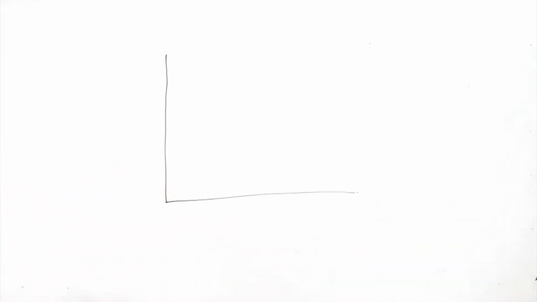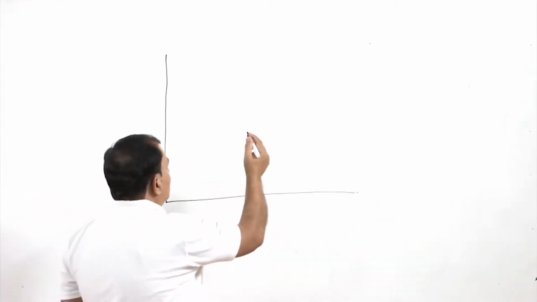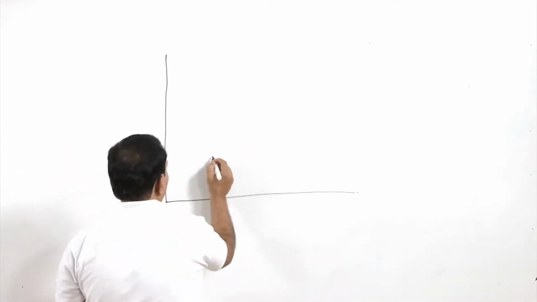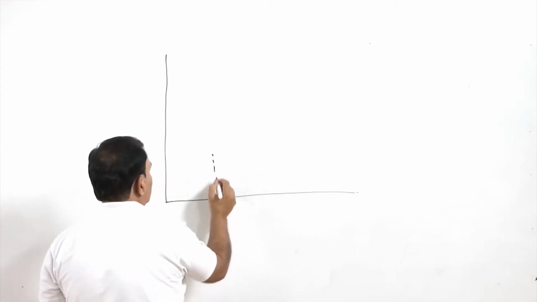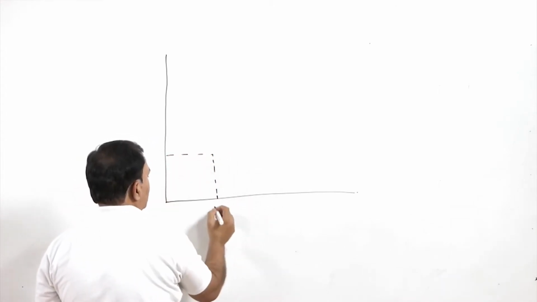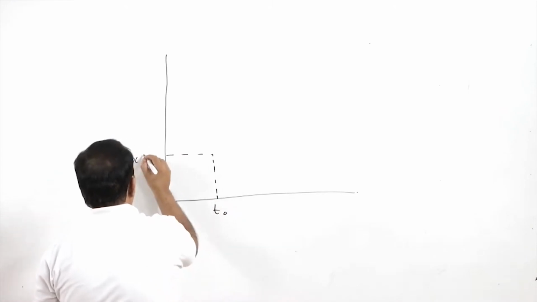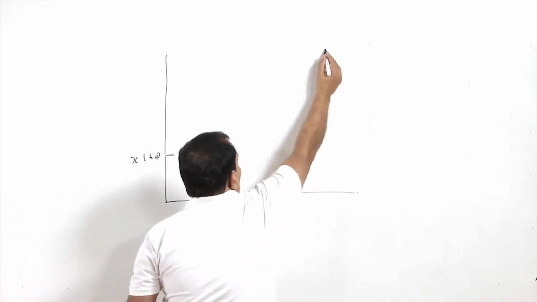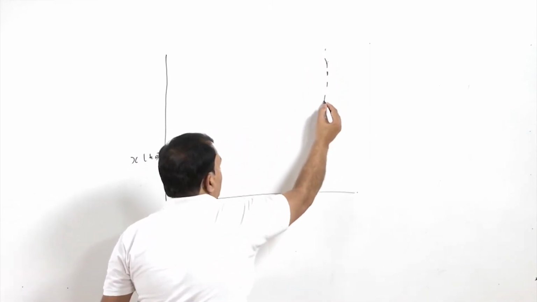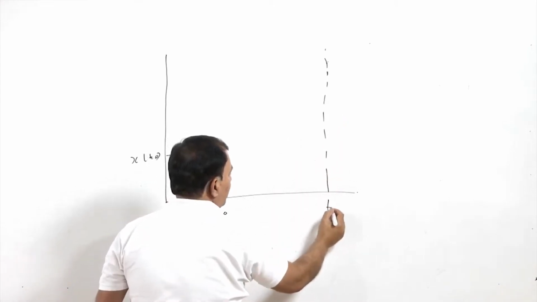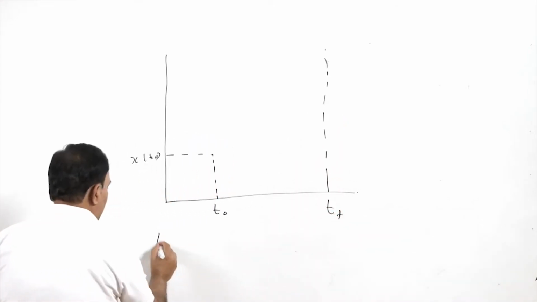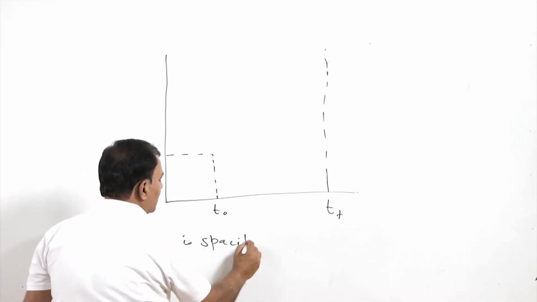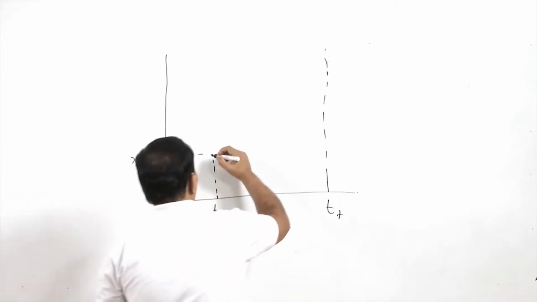Again we start with T0, x(T0), and this TF is specified, so TF will be fixed.